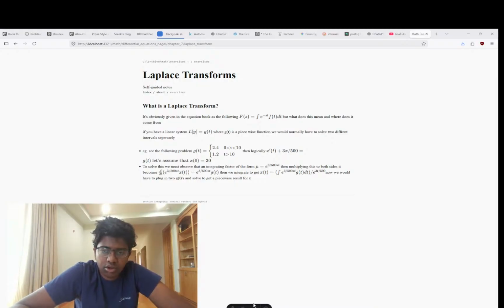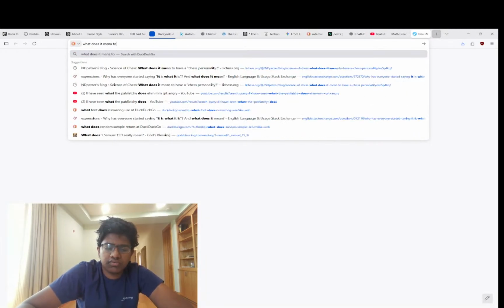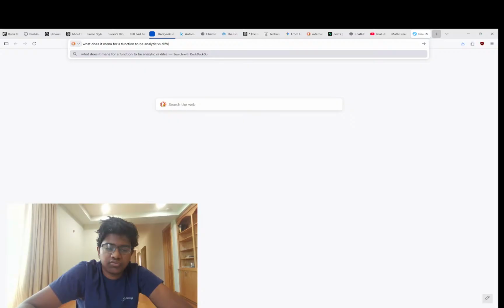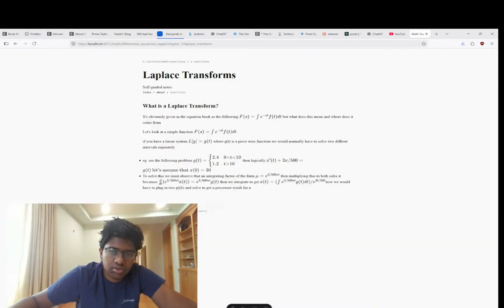So obviously f of t, where t is the variable. What does it mean for a function to be analytic? So we'll just say it's analytic.